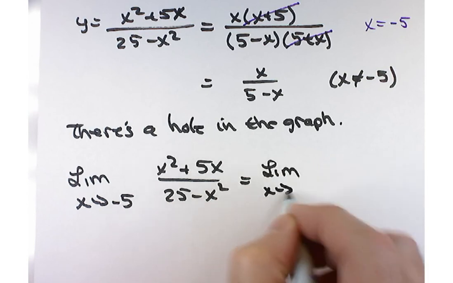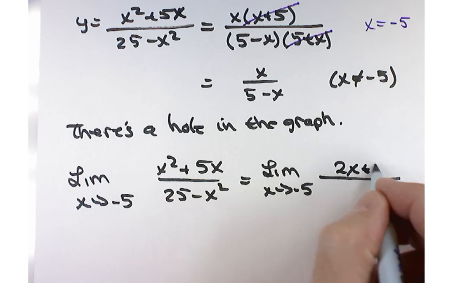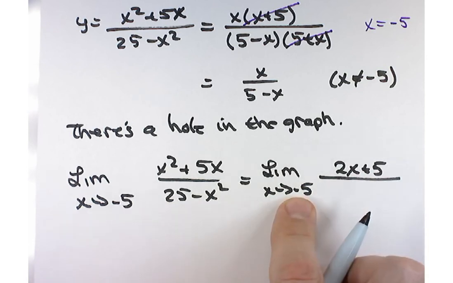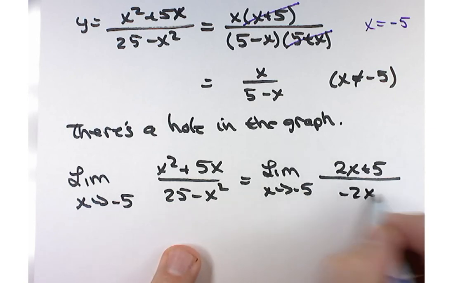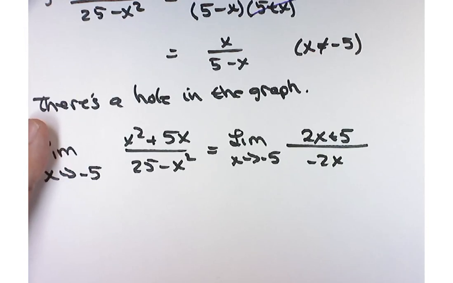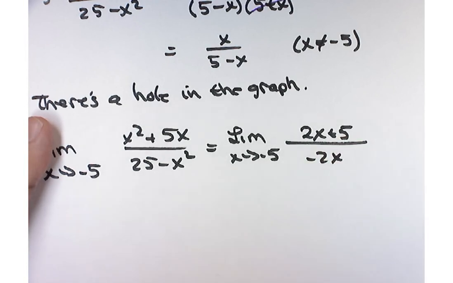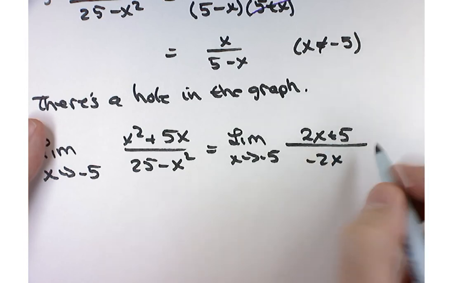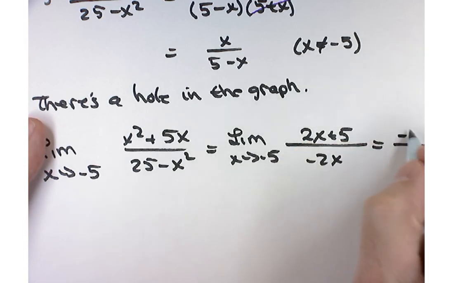The limit as x approaches -5 becomes 2x plus 5 over -2x. Is that any better? If you plug in -5, in the numerator you get -10 plus 5, which is -5.